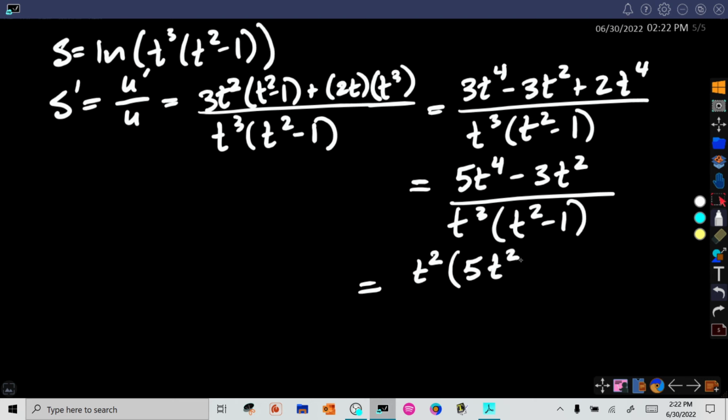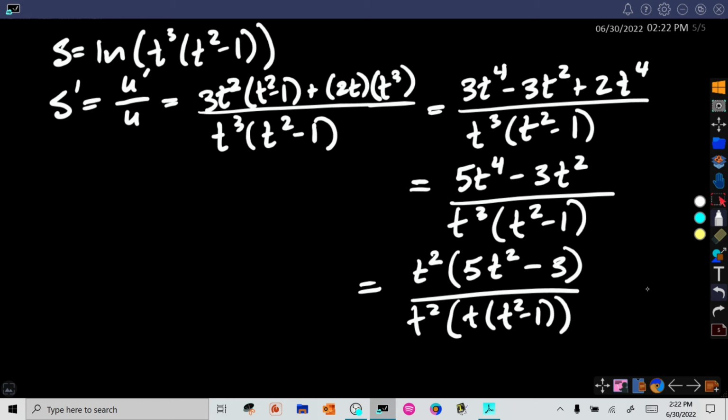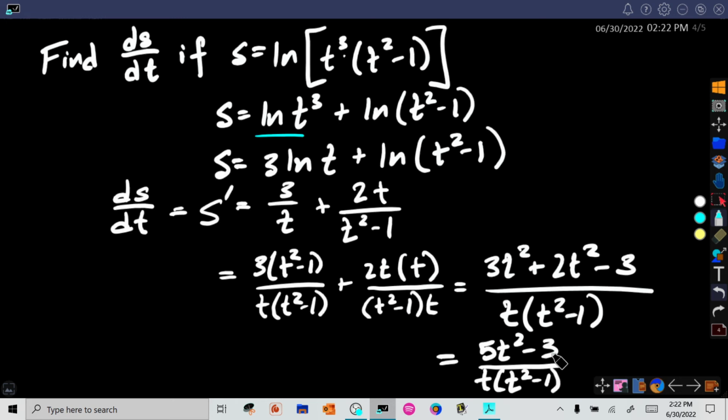So this is going to be 5t squared minus 3 divided by t squared times t squared minus 1. Okay, and then this thing cancels with that thing, and notice what I get as a result. Okay, it's literally the exact same thing.